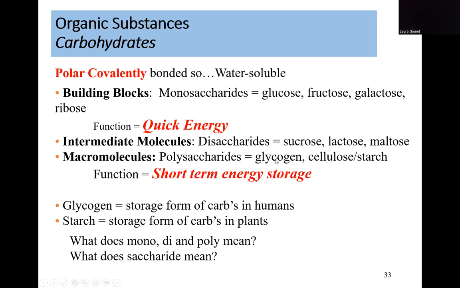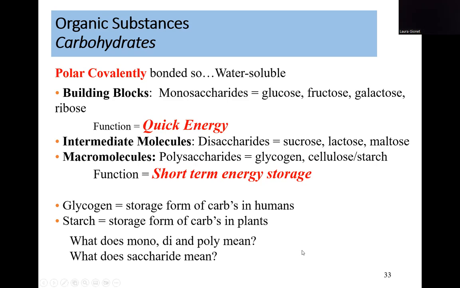All right, so glycogen is the storage form of carbohydrate in the body. We often eat things like starch because that's from plants. But once we've used as much glucose as we need from that starch, we will take those little monomers, those monosaccharides, and by dehydration synthesis, put them back into a long chain of polysaccharides and store them for later. So that's why we call it short-term energy storage.